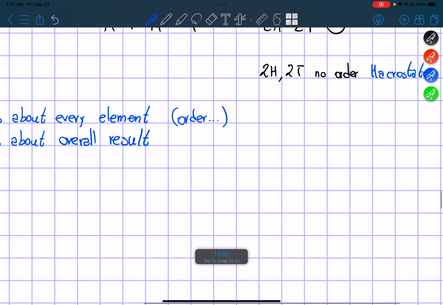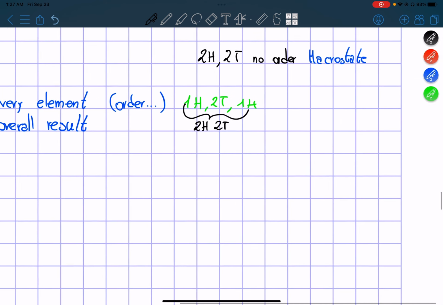So again, here for example, in the microstate, we have in order 1 head, 2 tails, 1 head, that together make up 2 heads, 2 tails.